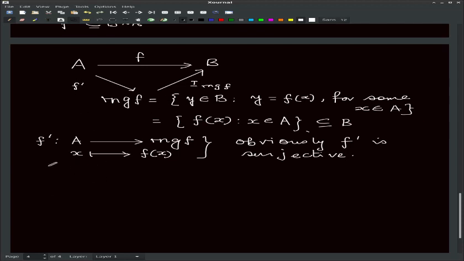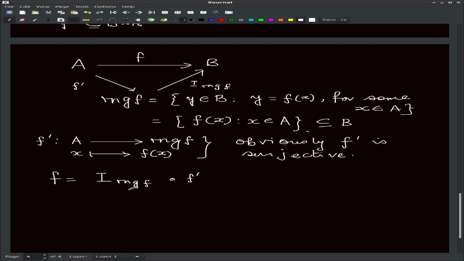And f is nothing else but the inclusion of the range of f composed with f prime. So you see, f decomposes as an injection and a surjection. Remember, because we write the other way round, we often say f decomposes or f factors as a surjection followed by an injection.